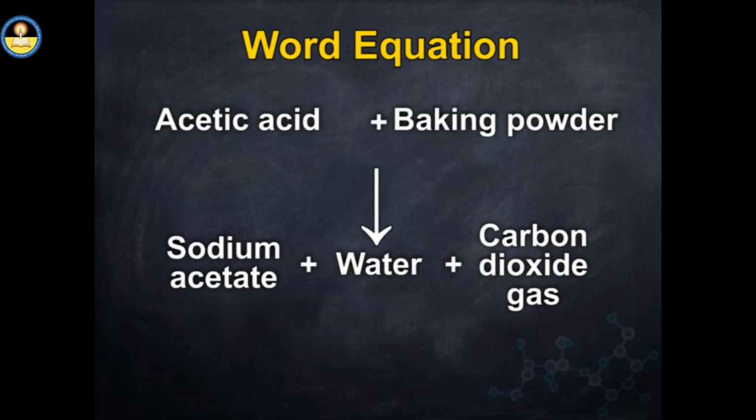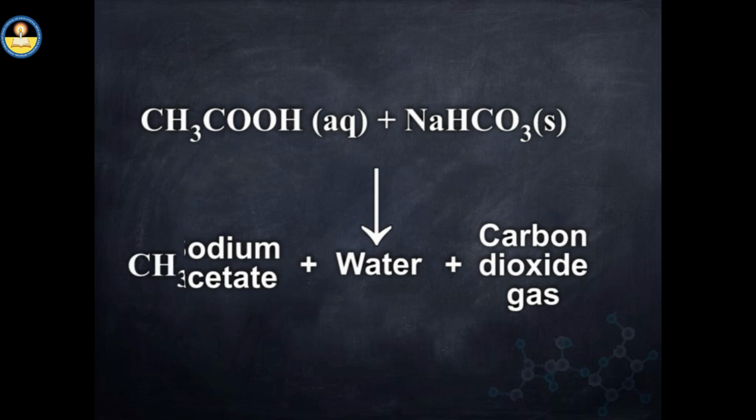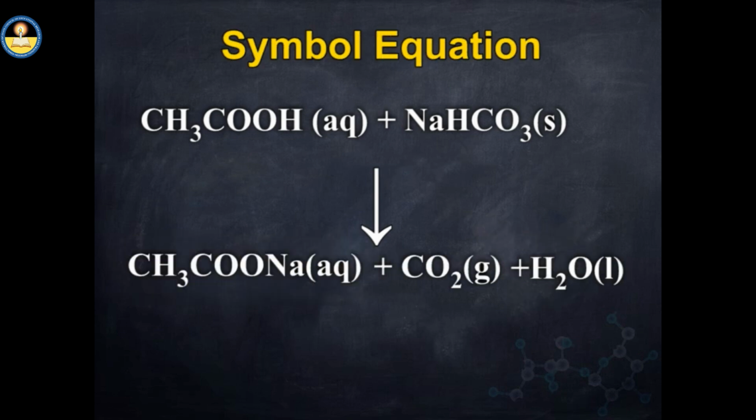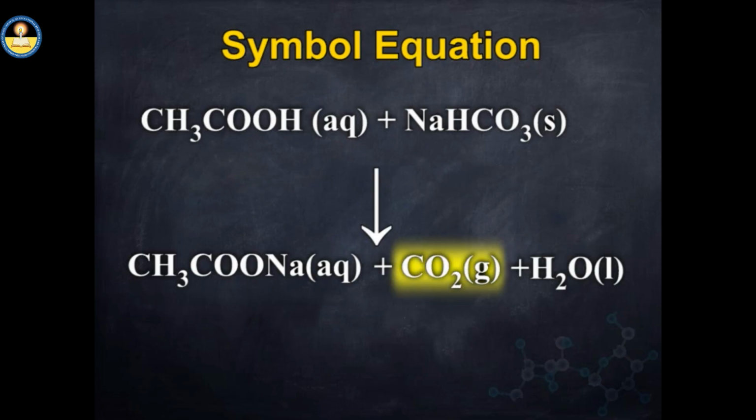Its equation can be written as CH3COOH in aqueous state plus NaHCO3 in solid state gives CH3COONa in aqueous state plus CO2 in gaseous state and H2O in liquid state.